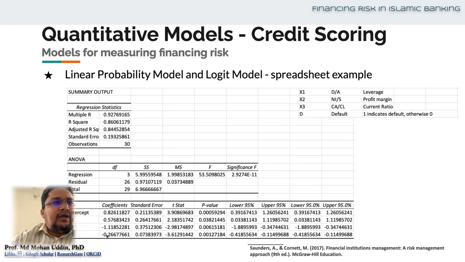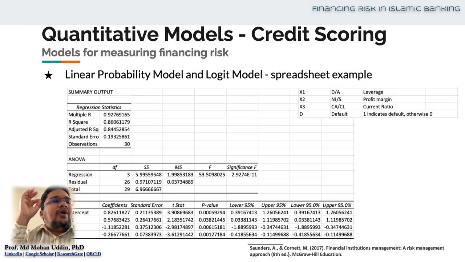This one, minus 0.266, is beta 3. What does it indicate? The default value is negatively related to x3, because we have a negative sign here. x3 is the current ratio. So the higher the current ratio, the lower the probability of default, because we have given d equal to 1 when there is a default.